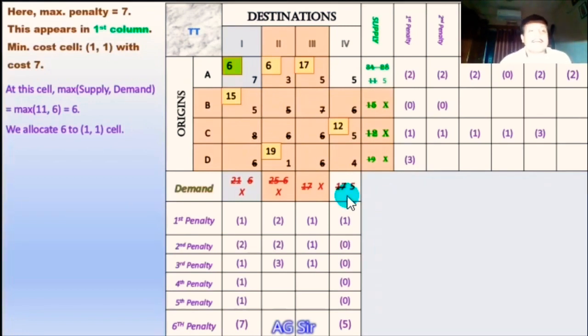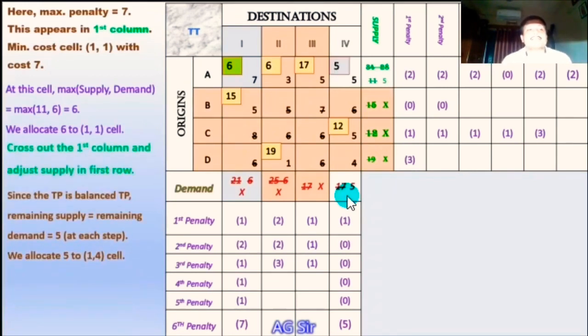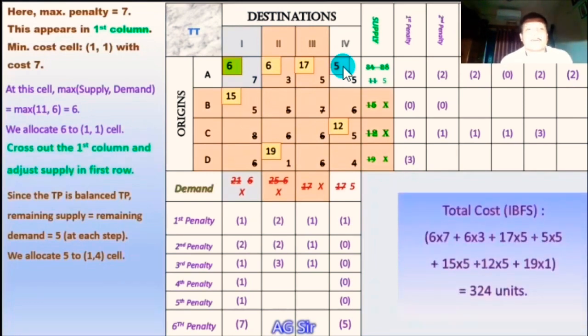Therefore, you allocate 5 at the remaining cell of this table, like this. You observe that no supply or demand is left out in this balanced transportation problem.